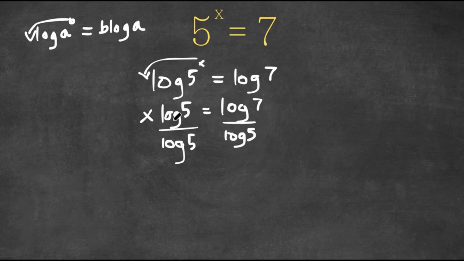So now for our left-hand side, these two would cancel out. So we would have x is equal to log 7, which is approximately 0.845, and we're dividing this by log 5, which is approximately equal to 0.699.